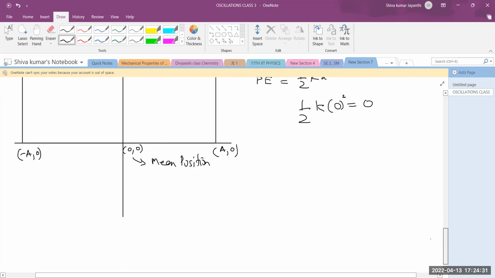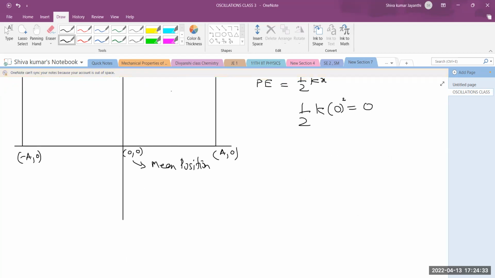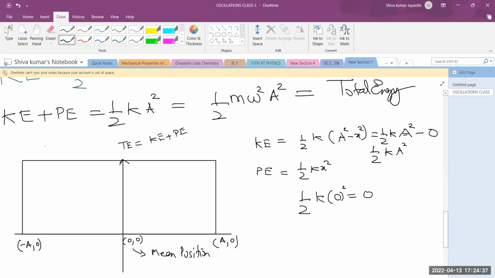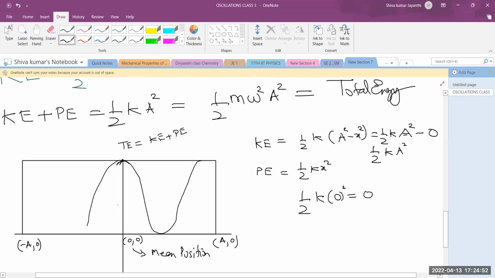When potential energy is maximum, kinetic energy is 0. That is what they plotted in your textbook, and that is how the graph came out. When one energy is maximum, the other is 0, so they plotted it like a sine graph. This is the curve of kinetic energy, and simultaneously there is one more curve.